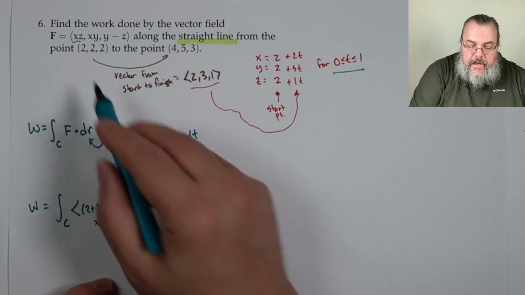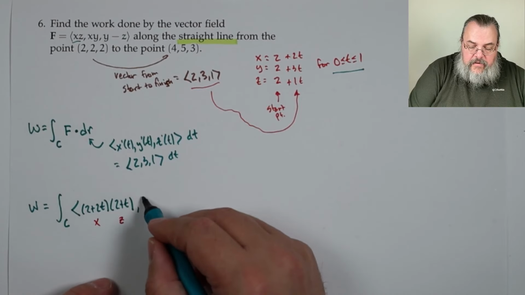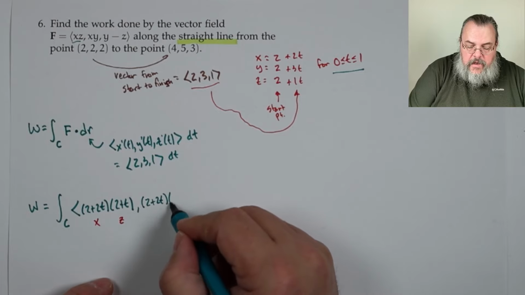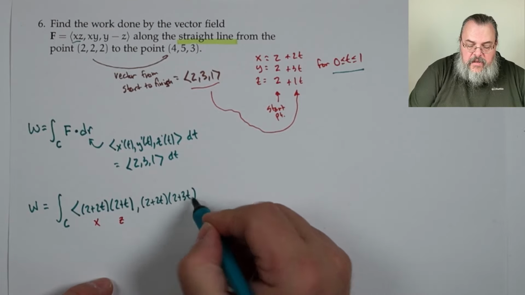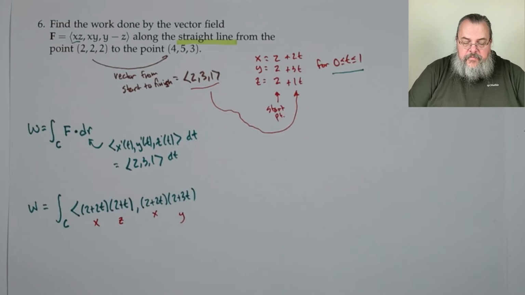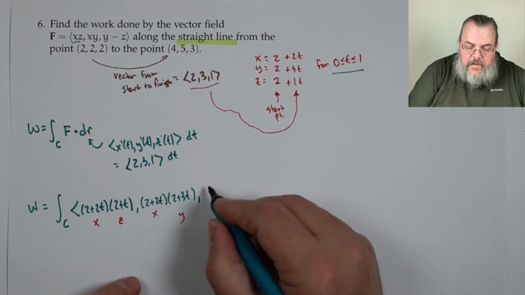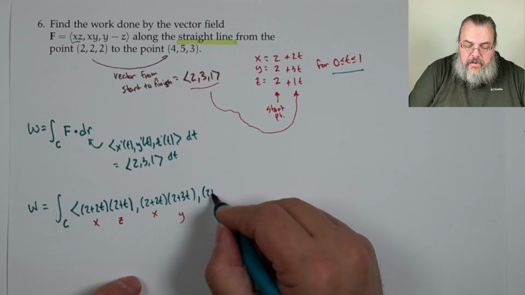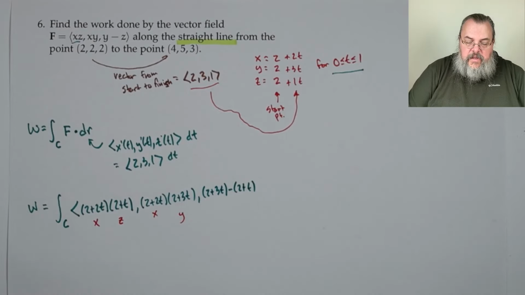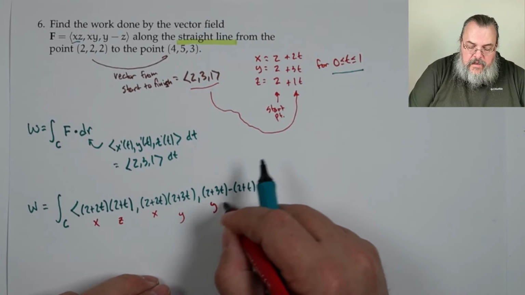Now we have our xy. So x is 2 plus 2t, and y is 2 plus 3t. Okay, there's our x, y. And then comma, y, 2 plus 3t, minus 2 plus t. So that's our y minus z.